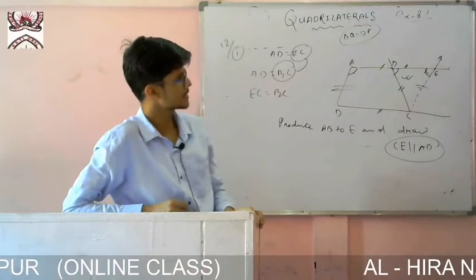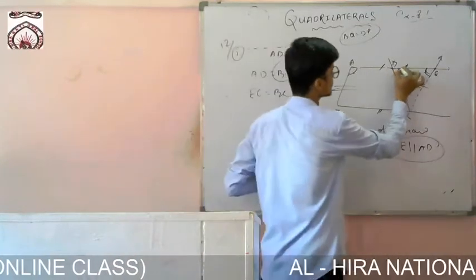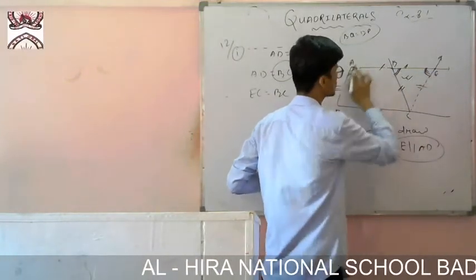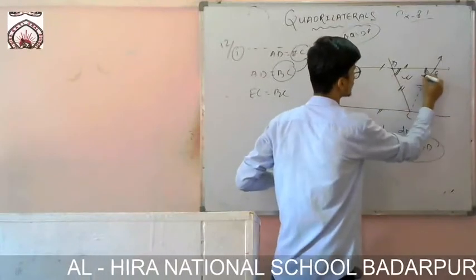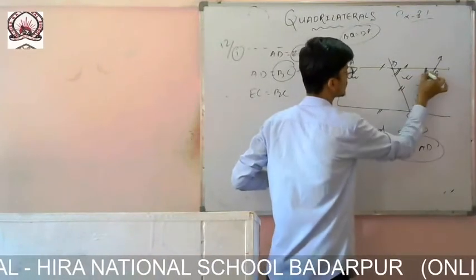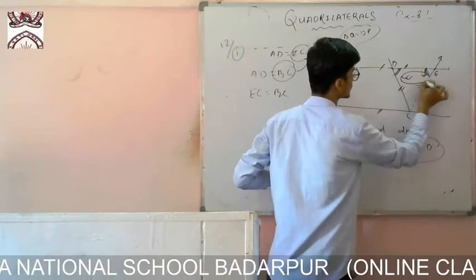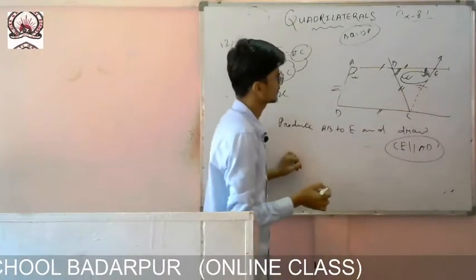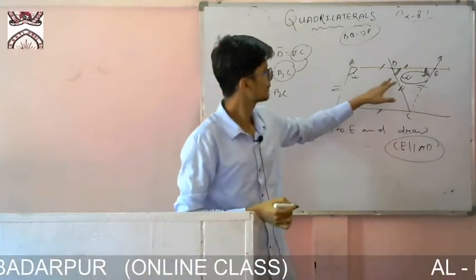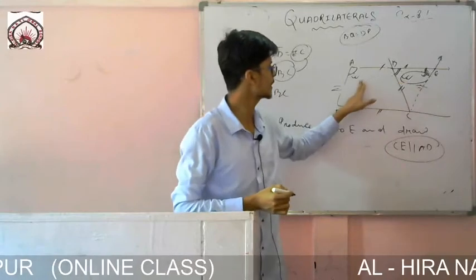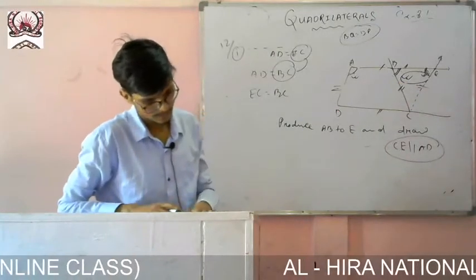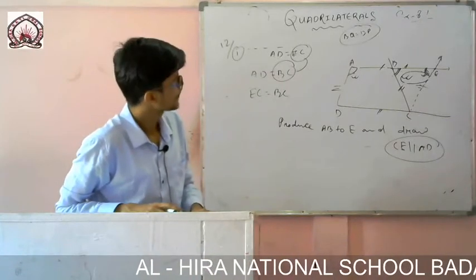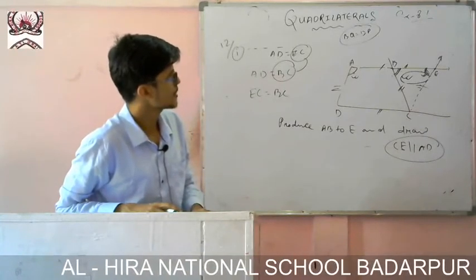We have proved that this one is equal to this one because these two sides are equal, and since this is a parallelogram, this angle is equal to this angle. So angle CBE is equal to angle CEB.